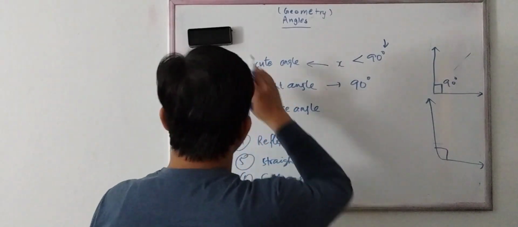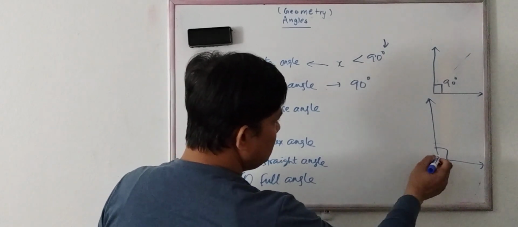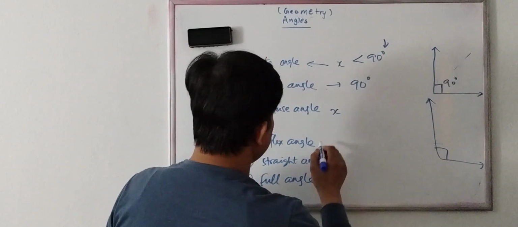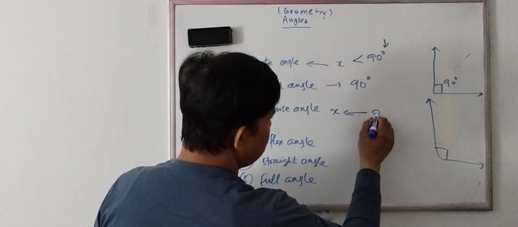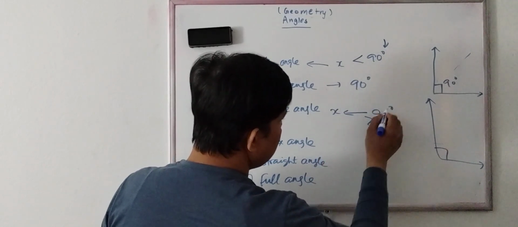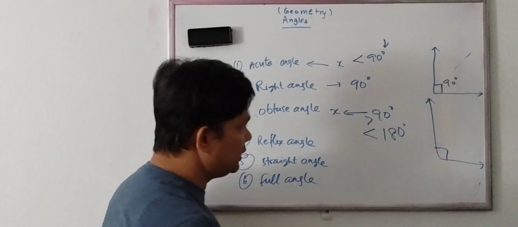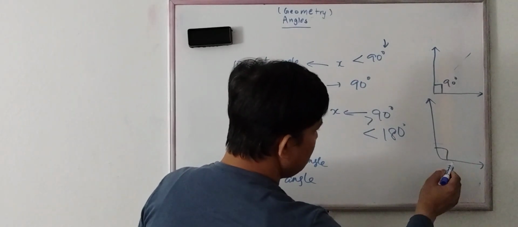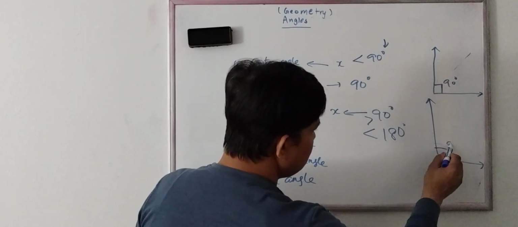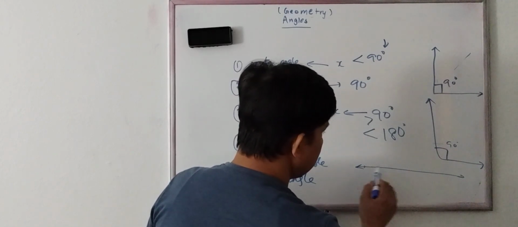Now the third one is obtuse angle. Let's say x is an obtuse angle, which is greater than 90 degrees but less than 180 degrees. Now what is 180 degrees? These two lines were perpendicular, so it became 90 degrees.